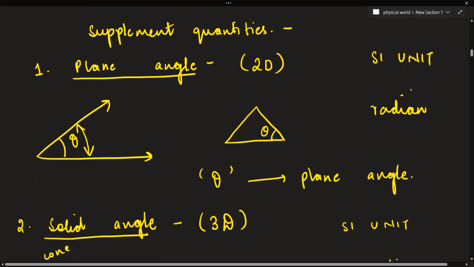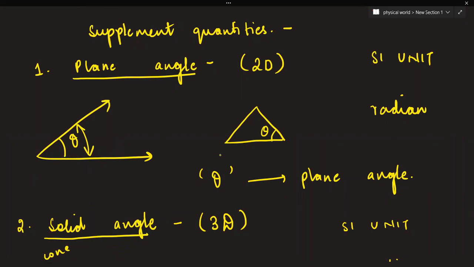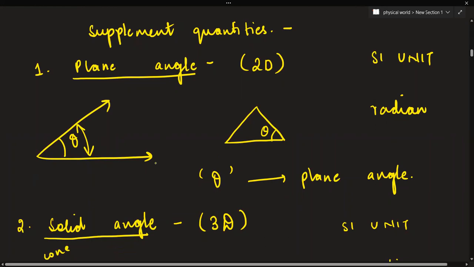Remember the SI unit of angle, because when you do rotational motion, which you have in your first term, radian will be used a lot, because there you consider all the terms in terms of angle. So plane angle is represented through theta again. Theta, you must have used earlier, sine theta, cos theta, for angle. This is the plane angle.